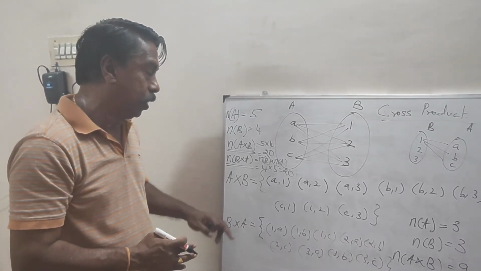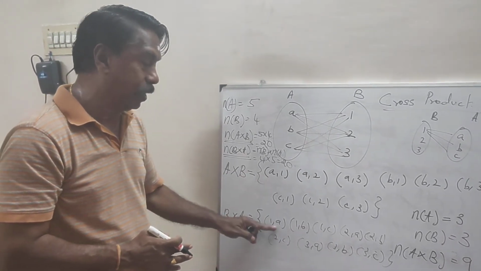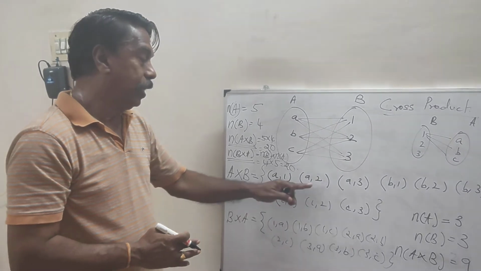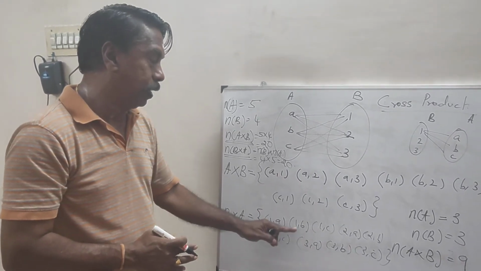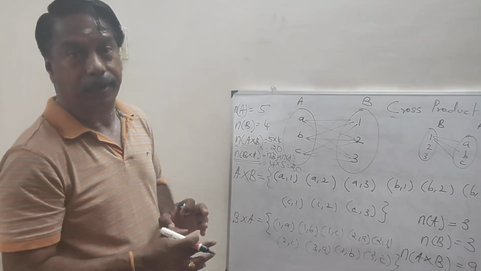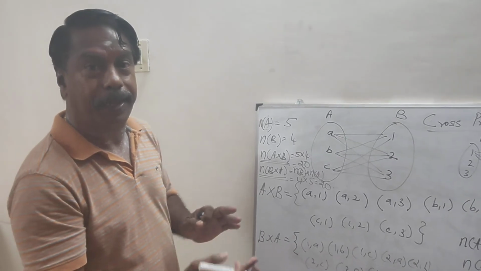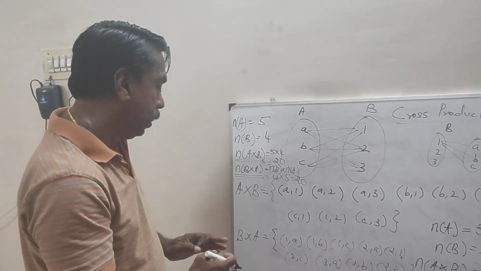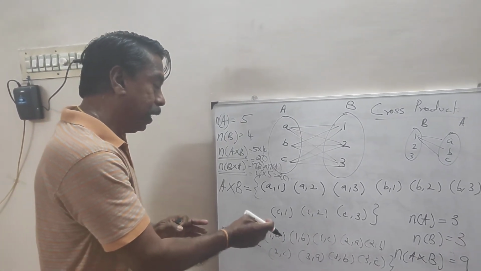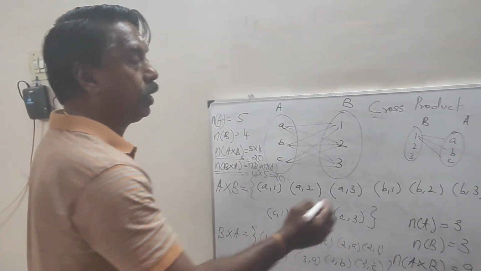Are they equal? You see the first term here is A comma 1, whereas here it is 1 comma A. Here it is A comma 2, here it is 1 comma B. So the elements are different. So the number of elements in A cross B and B cross A will be the same, but the elements will not be the same.